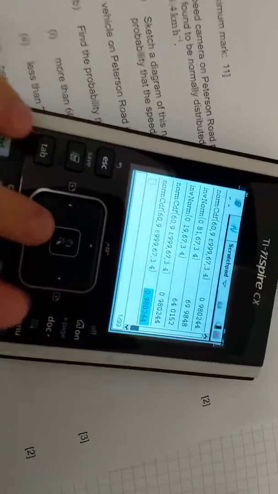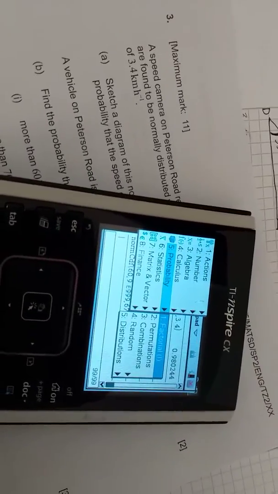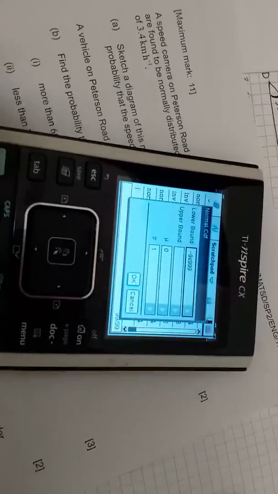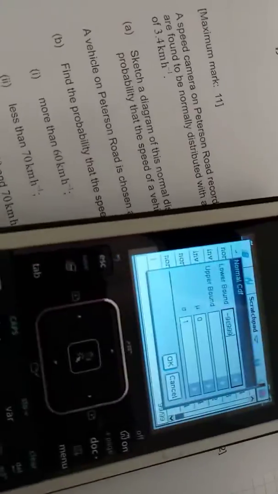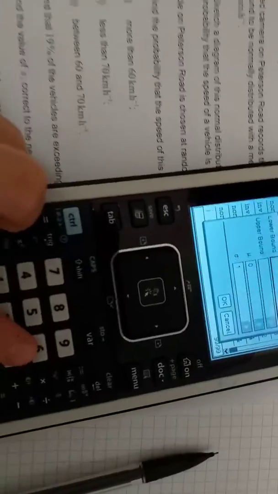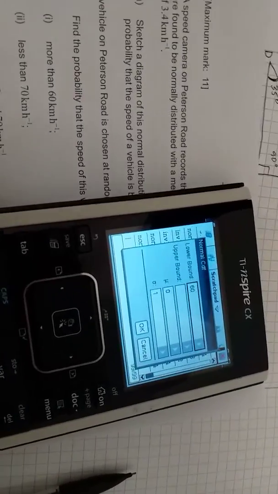What we do is we go back to probability, distributions, and normal CDF. Lower bound. Are we given the lower bound? Yes. The lower bound is 60. The upper bound is 70.